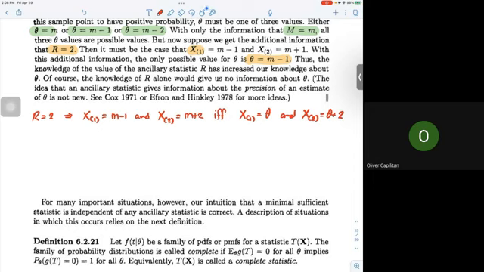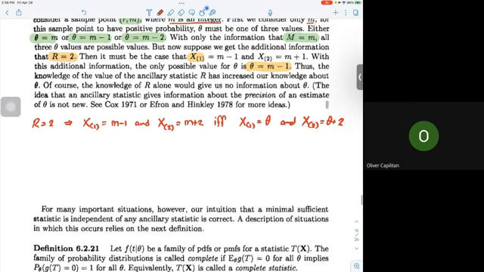But if we have the additional information that R is equal to 2, then it would imply that the only possible value of theta is equal to m minus 1. Of course, the knowledge of R alone will give us no information about theta because it is an ancillary statistic. The idea is that an ancillary statistic gives information about the precision of an estimate of theta.